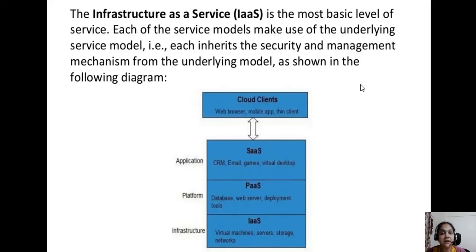Then there is a network. With the help of the network, we are easily able to communicate with each other. So you can understand how much this infrastructure as a service means. This infrastructure is provided as a service to your cloud client, to the clients who are using the internet, who are using the cloud technology so far.